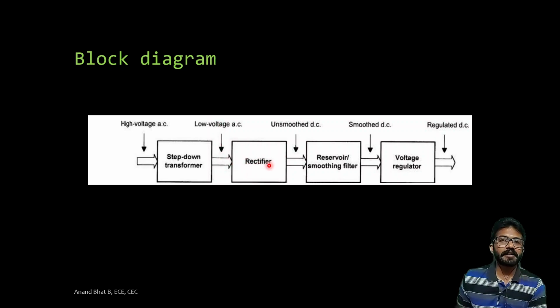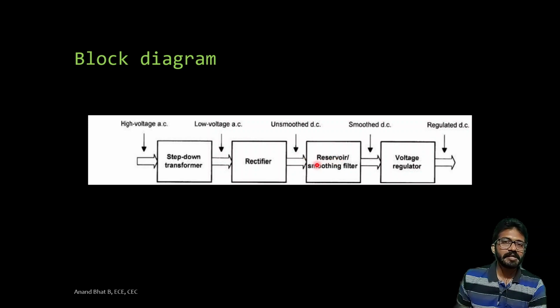The function of a rectifier is to convert AC to DC. Now if we give a sinusoidal voltage as an input to the rectifier, we get a DC voltage which is still not a smoother version. It will be an unsmooth DC. So in order to smoothen this unsmooth DC, we use the smoothing filter or a reservoir.